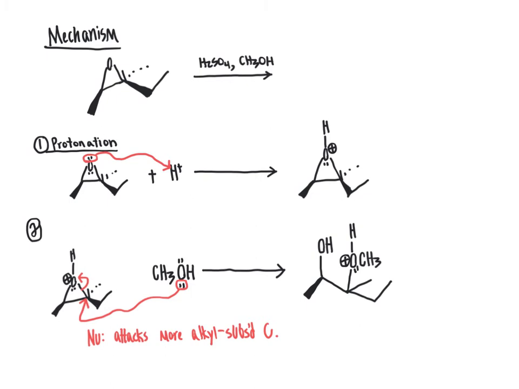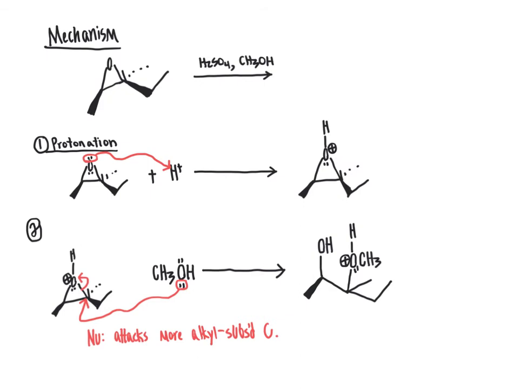And the reason why it attacks the more alkyl substituted carbon is you could think of this scenario under acidic conditions as being one where there's almost the formation of a carbocation here, making this behave somewhat like an SN1 reaction, where in an SN1 reaction, a carbocation forms to make the more stable carbocation, where tertiary carbocations are more stable than secondary, more stable than primary. And so the nucleophile then comes into the more alkyl substituted carbon because that's where the carbocation formed.